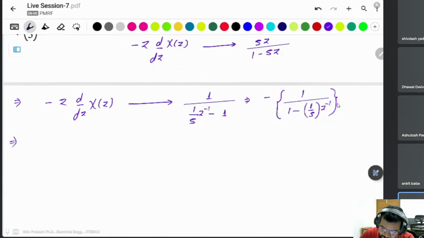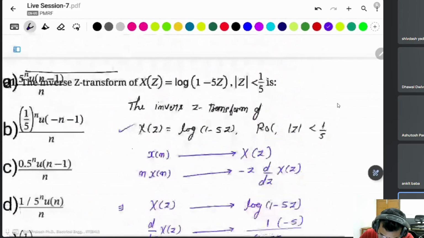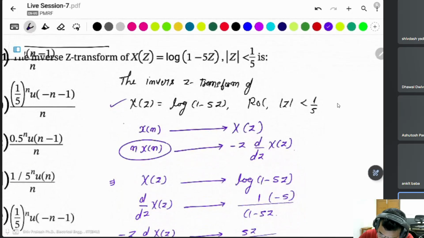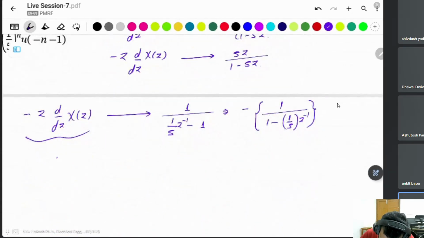Then what is the inverse transform of this one? This will be n x[n]. Simply you can put n x[n], and this depends on the ROC.